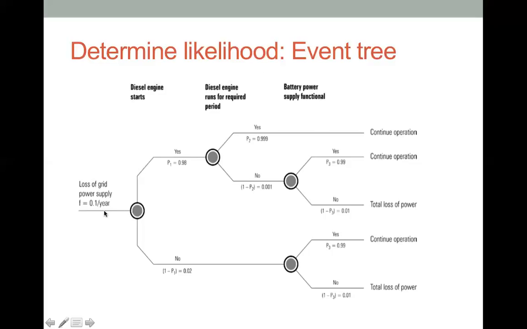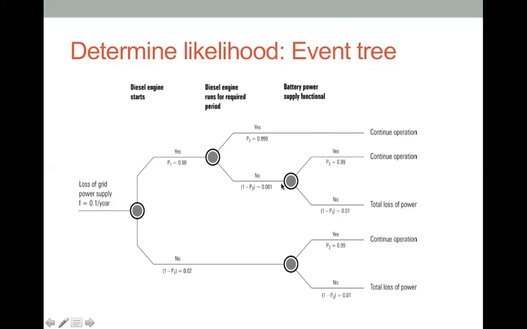Here it's 0.1 per year, and we split that into 98% and 2% in terms of success and failure. We also estimate the probability of continued operation. The diesel engine runs for the required period successfully at 99.9%, so it's almost certain. That leads us to continued operation. Here we talk about a 0.1% chance of failure.